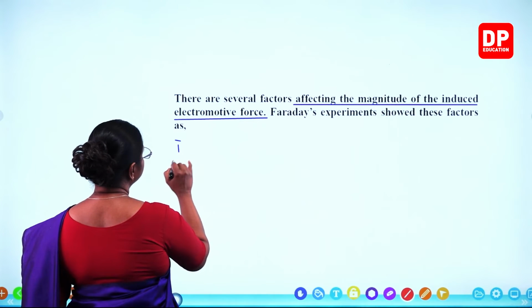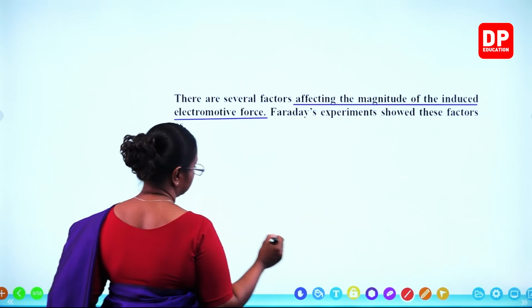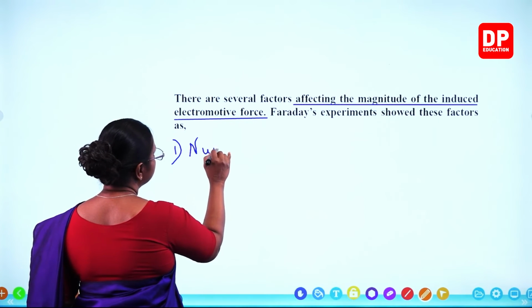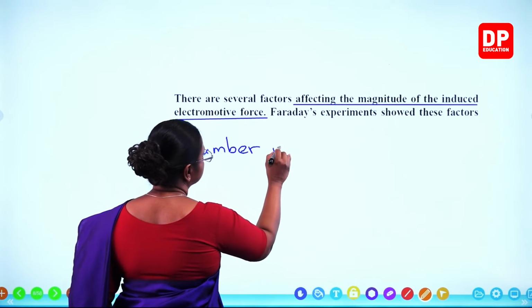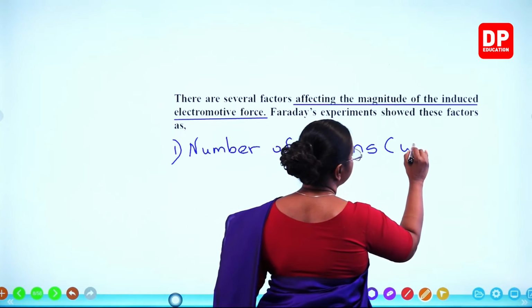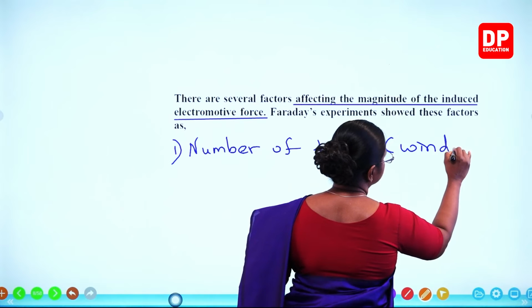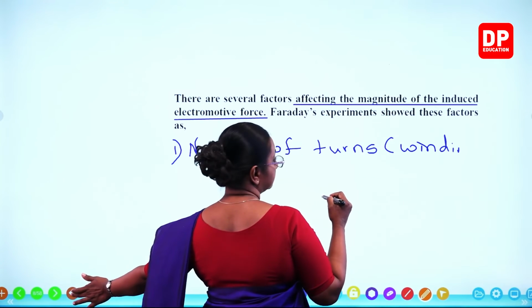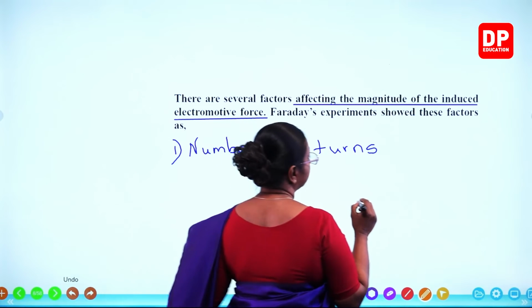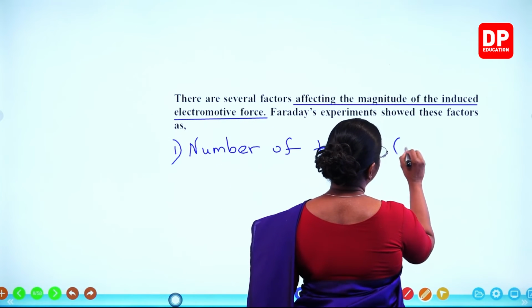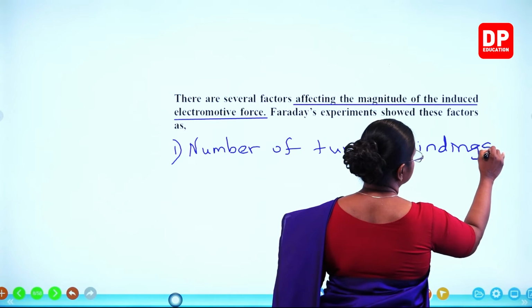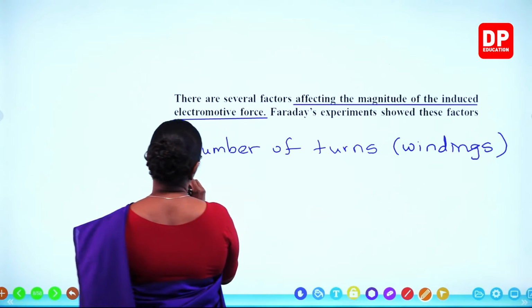So, first one, number of turns or windings of the coil.